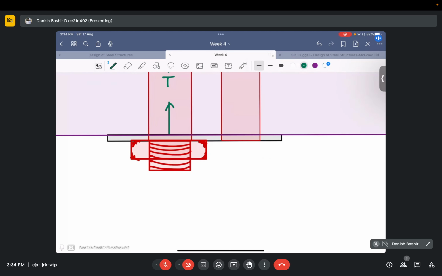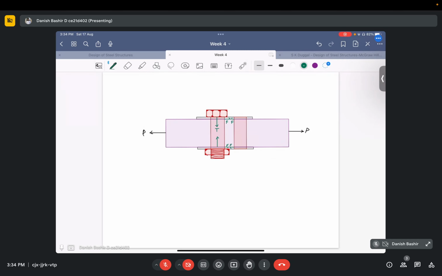There is one more friction being created at the interface between the washer and the nut, created like this and from the other side. So F and F are created from these two sides, and P acts like this.